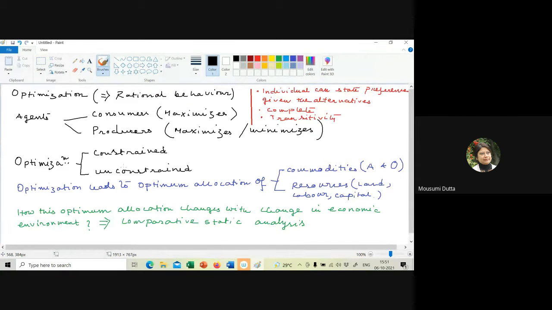Unconstrained optimization means when there is no constraint at all, in the context of economics, microeconomics specifically. The best example is profit maximization. When we go for profit maximization, the producers will not maximize profit subject to any constraint.